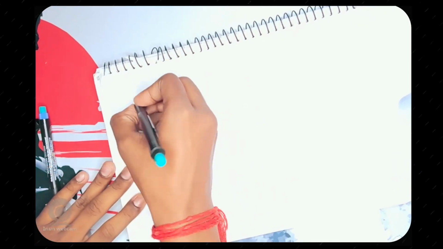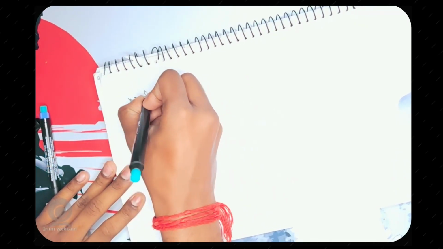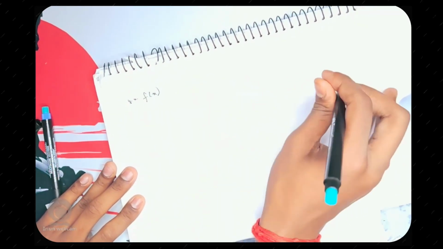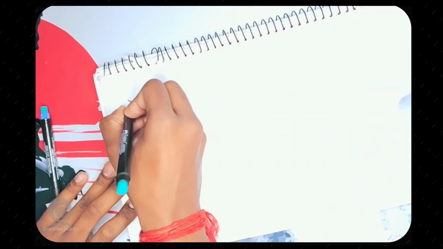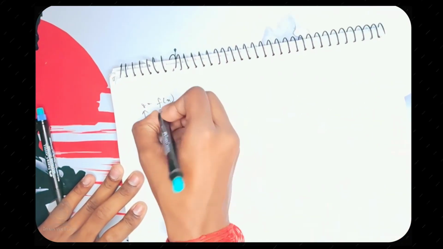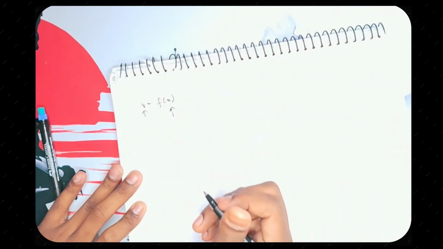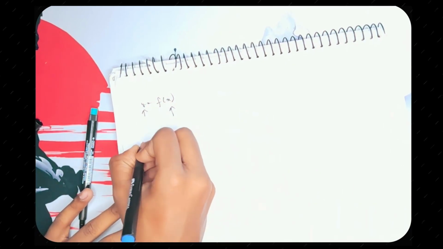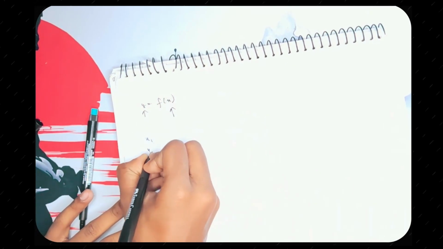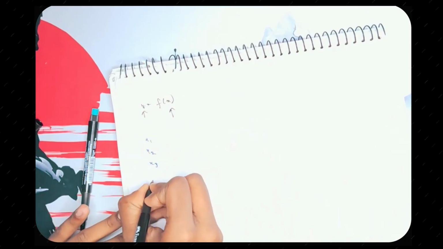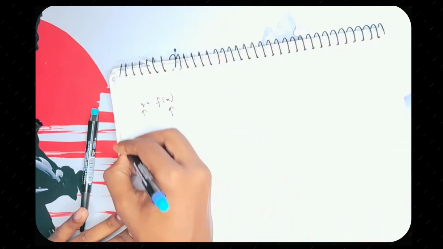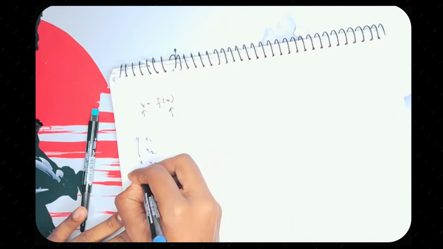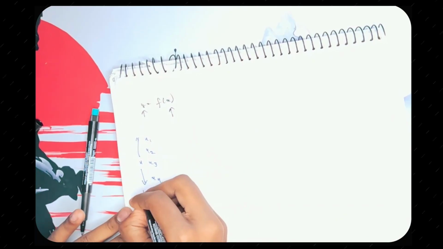Let's say we have y equals f of x. This y is my output and this x is my input. Suppose this is my x1, this is my x2, this is my x3, this is my x4. Combined, this is my x or my input.